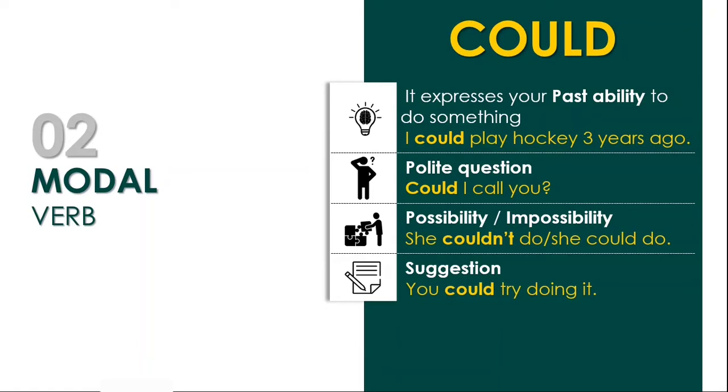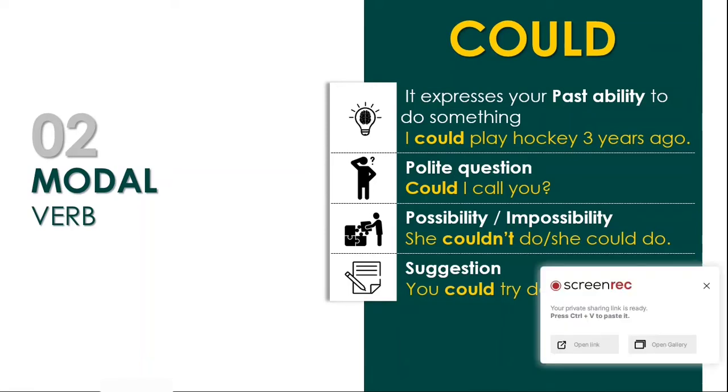They are showing their past ability that I could play hockey 3 years ago, but now I cannot. पहले जो आप कर सकते थे, that's called. And polite question, extremely polite question जब भी आप किसी से करते हैं, you say that, could I call you after 5 minutes please?